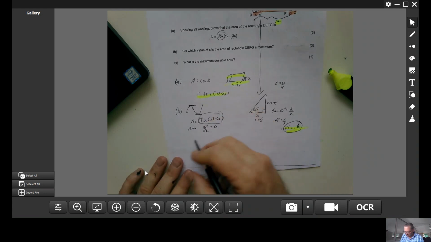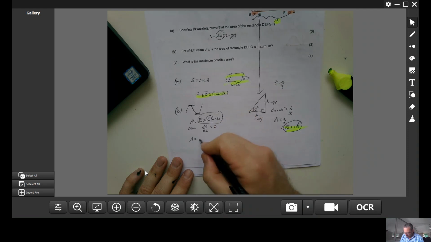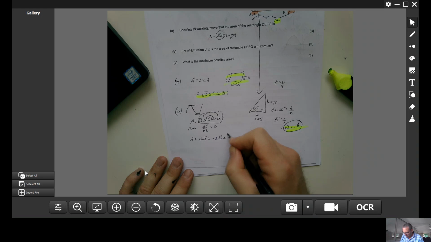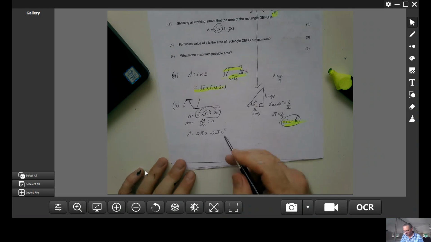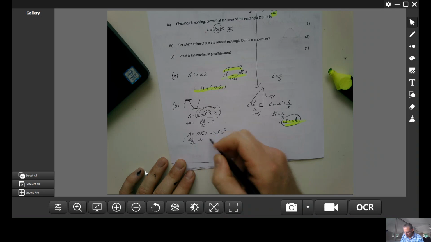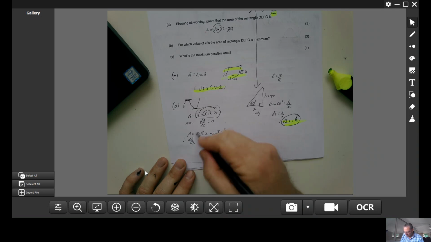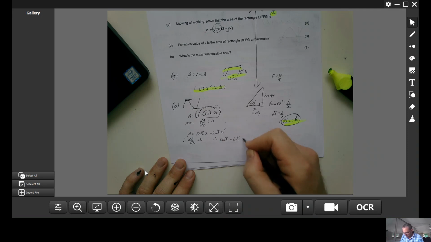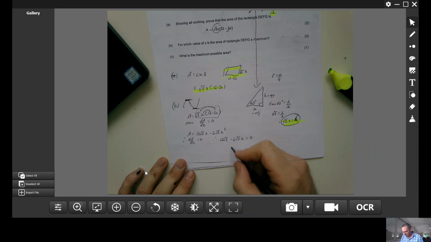But I can't differentiate yet, so I'm first going to have to times it out. So area is equal to root 3 x times 12, which is going to be 12 root 3 x minus 2 root 3 x squared. Okay, so now I can differentiate. So now I want to solve dA/dx is equal to naught. dA/dx is the coefficient, 12 root 3 minus 4 root 3 x to the 1, and I want to know where that's equal to naught.